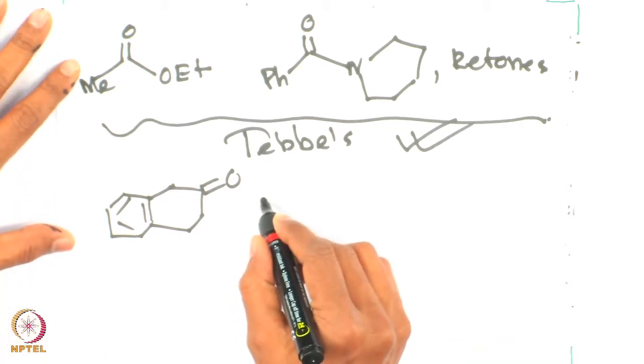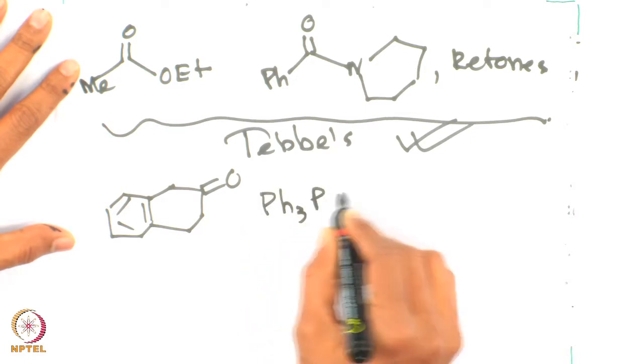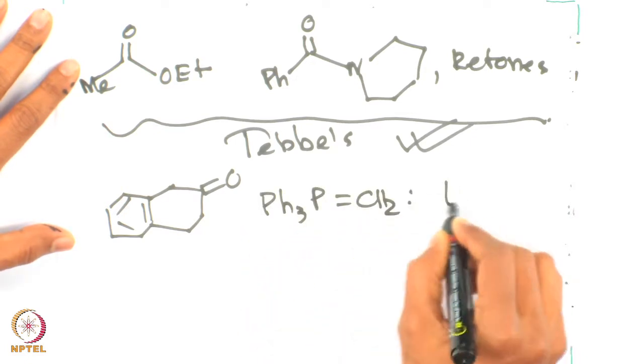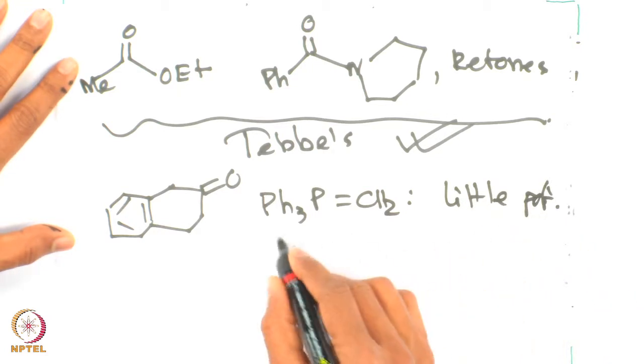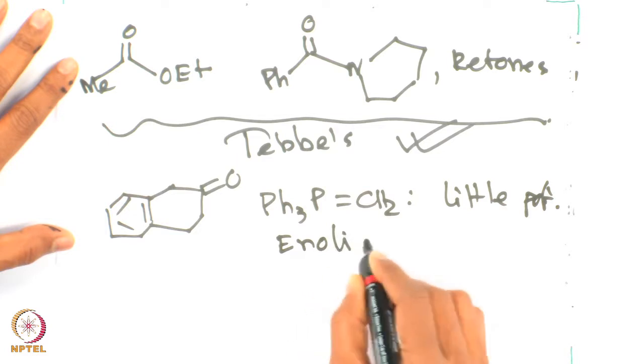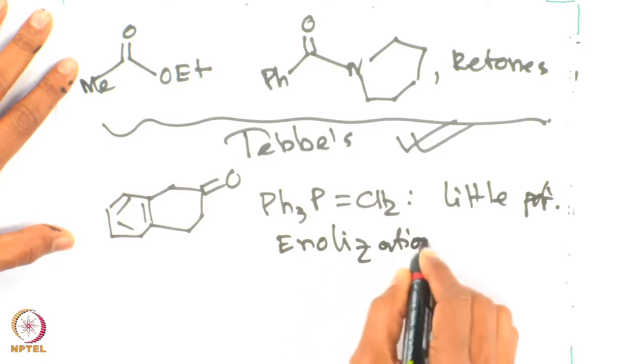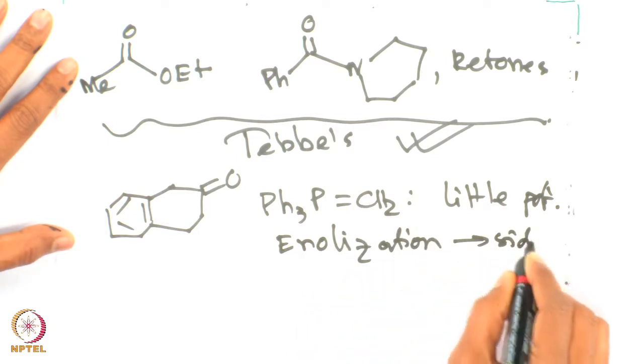So, if you take Ph3P=CH2, you get very little product. You get enolization as the side product or side reaction.